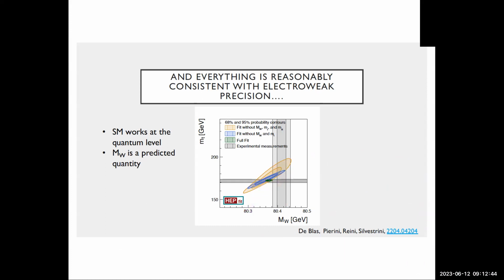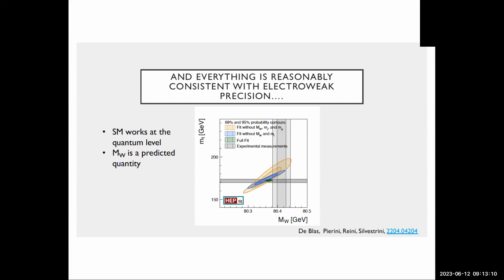Okay, so then you can take your predictions for everything except the W mass and the top quark mass, and then see how they agree with the explicitly measured values. If you do a fit to everything you know in the world, except for the W mass and the top quark mass, you get this orange curve if you leave out the Higgs, and you get this blue curve if you include the Higgs.